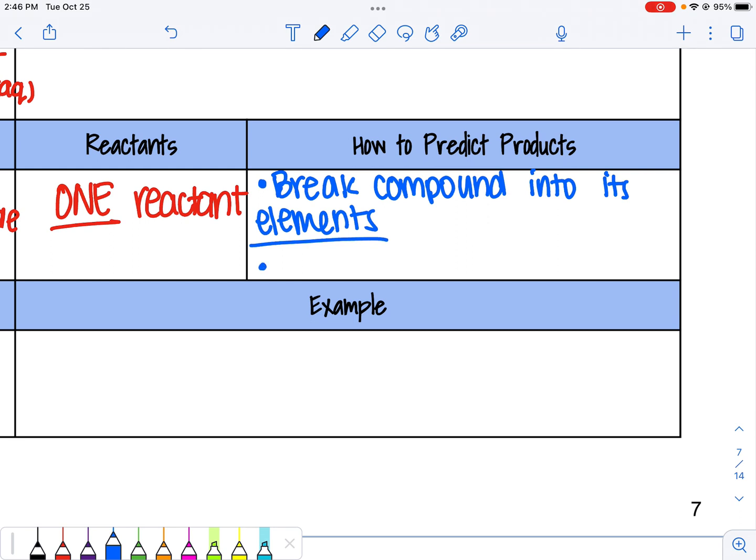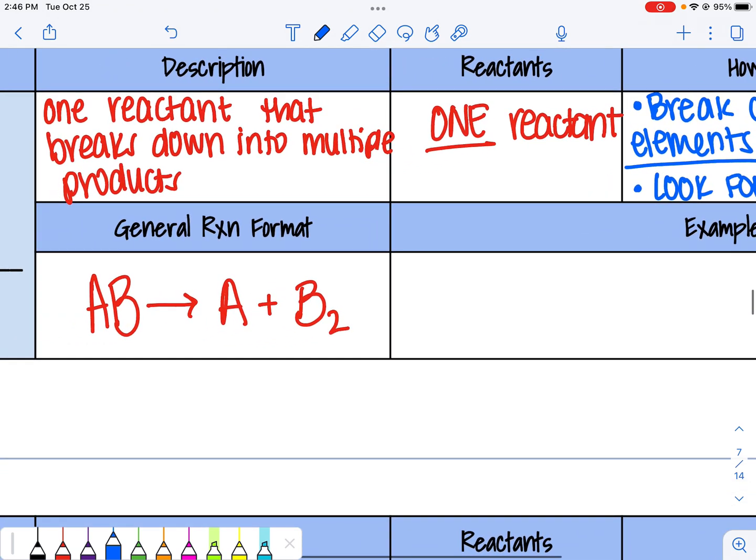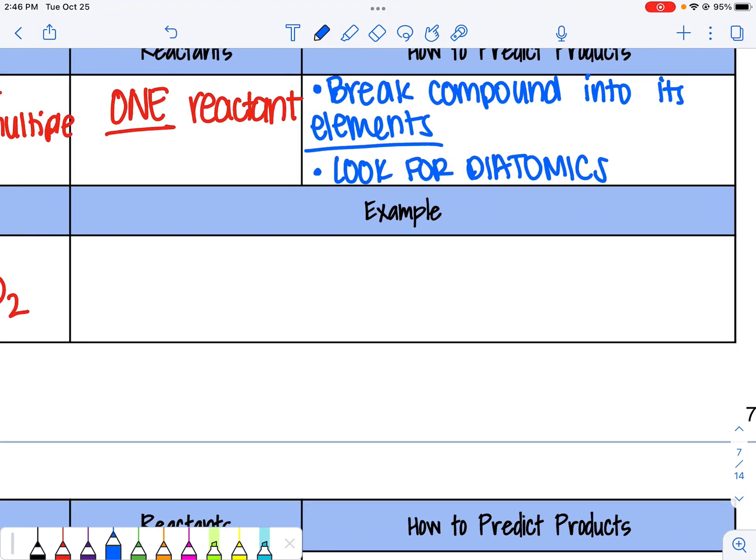The important note here is to look for diatomics. Let me give you another example that is not just general reaction language. Let's say you had something like NaCl, sodium chloride.